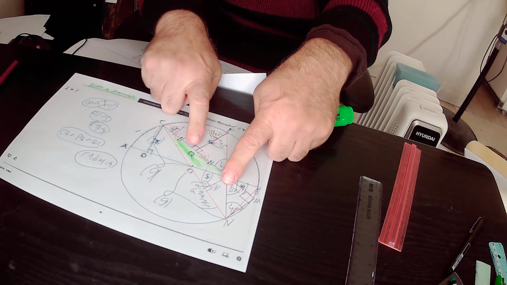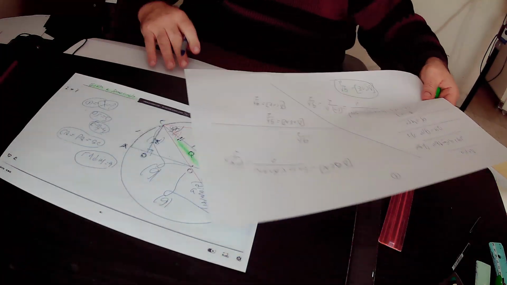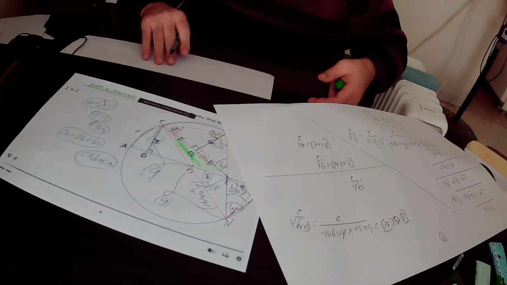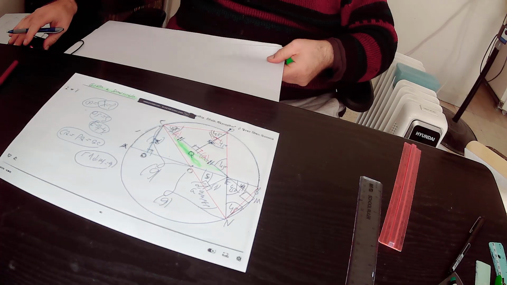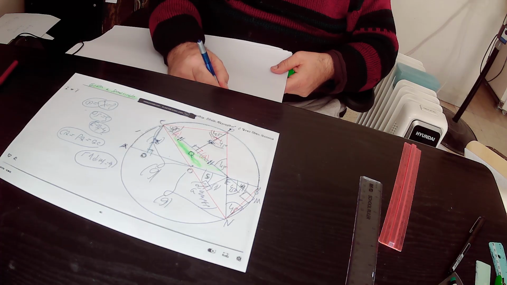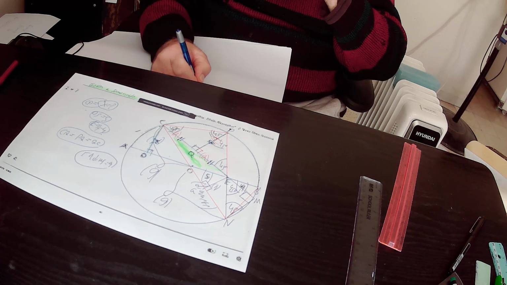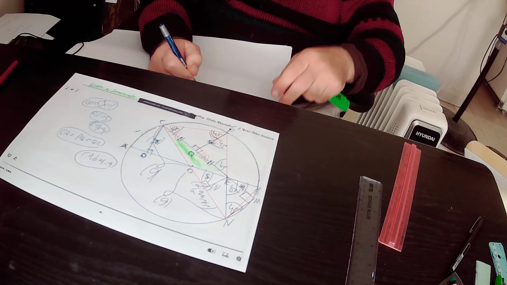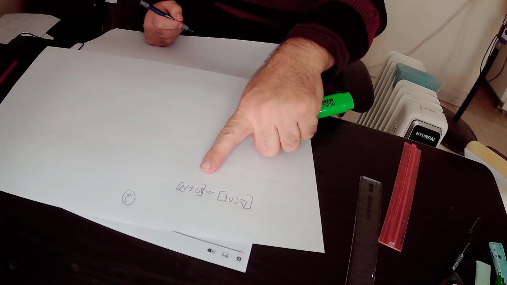So we can write down that the area of the green triangle COE is equal to the area of the lower triangle OEN. And again, we found out that the area of the green triangle COE equals the area of the lower triangle OEN.